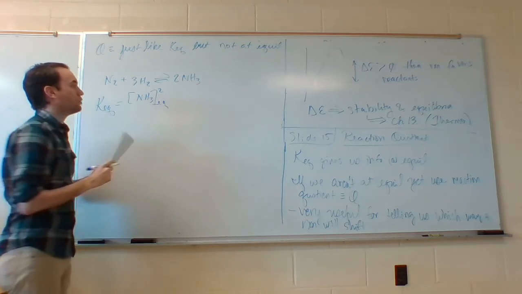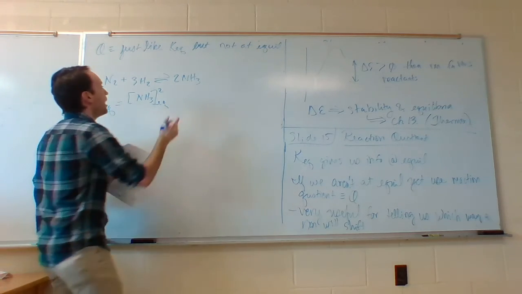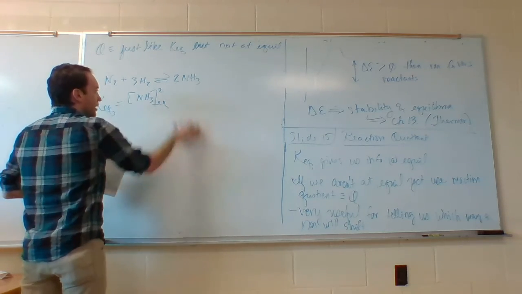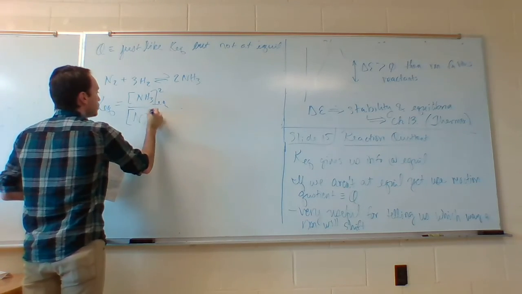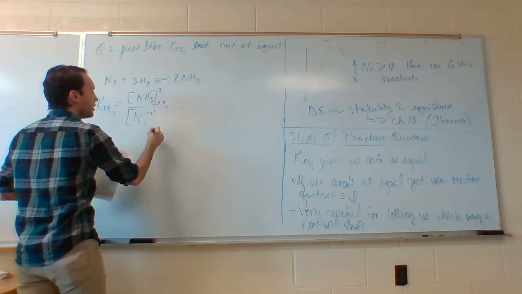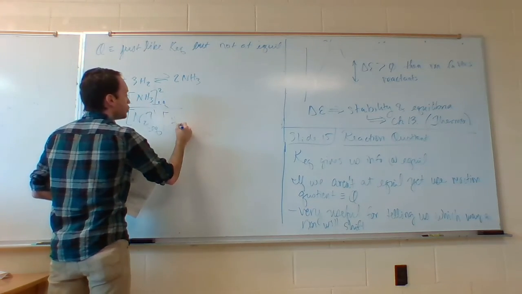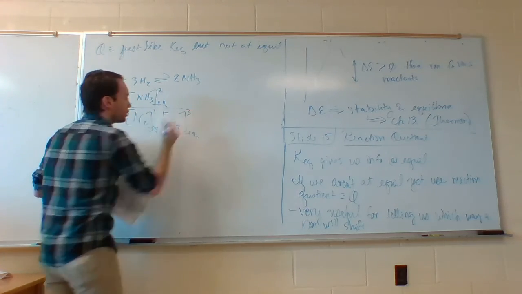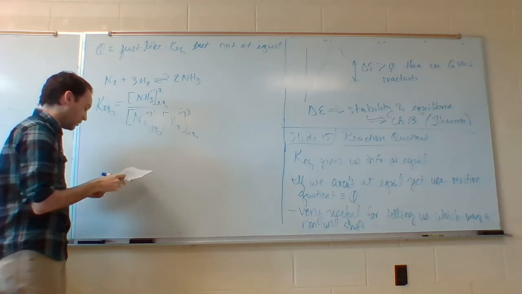Remember that when I first introduced it, I had my little EQs down here. Those are going to be really important now. That was my product, and then I put that over my reactants. So I had my concentration of N2 raised to the first power at equilibrium, and then my concentration of H2 at equilibrium raised to the third power. This is how we define our equilibrium constant.